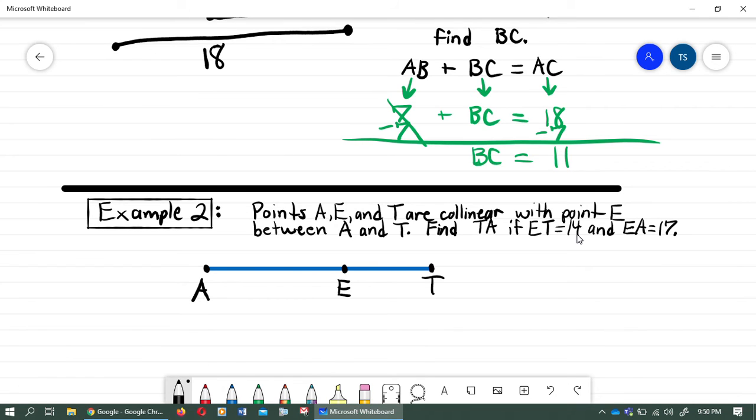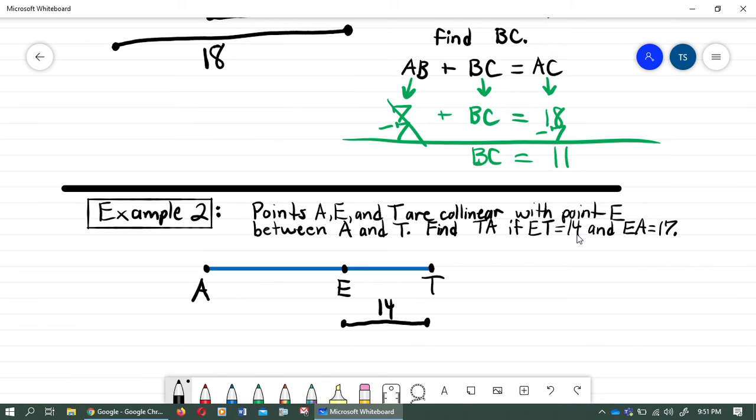You can either draw it separately like this, or you can just put a 14 right here. That's up to you. I'm going to put mine separately, like what you're seeing right now. So ET is 14, right?